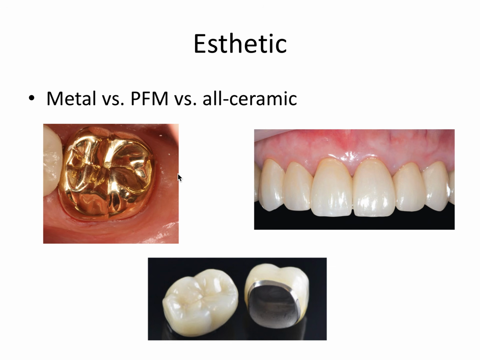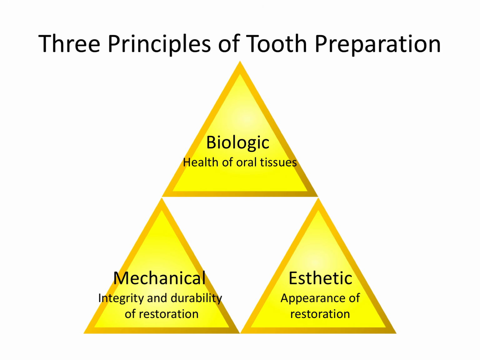And so gold is arguably the best material out there, but for aesthetics, it depends on what the patient wants. So the bottom line is to leave enough tooth structure for the tooth to be healthy, which is the biologic portion, but we want to remove enough tooth for mechanical and the aesthetic requirements of the crown.